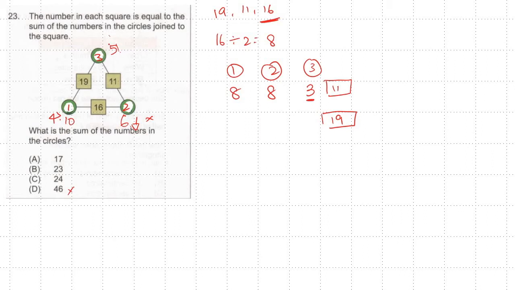Then 10 add this one, still not right. I still need to keep on doing it. This one is wrong. This one I reduce, I add again. This one reduce, okay. So reduce to 5. So here is 11. 5 add 6 is 11. 11 add 6 will become 17. I'm still wrong again. So how do I do?